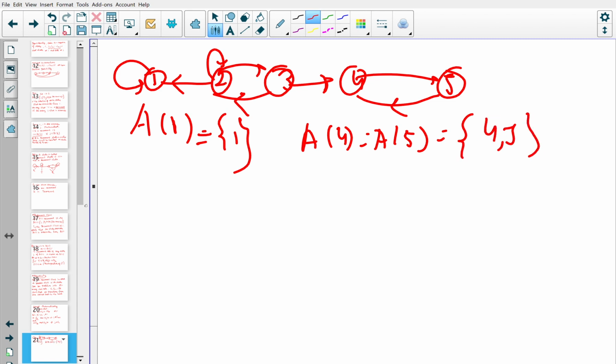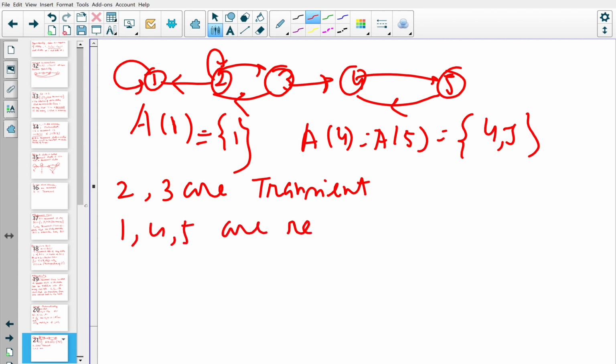2 and 3 are transient states, and 1, 4, 5 are recurrent. Inside 1, 4, 5, the group 1 is one class, say R1, and 4, 5 is another class, R2.